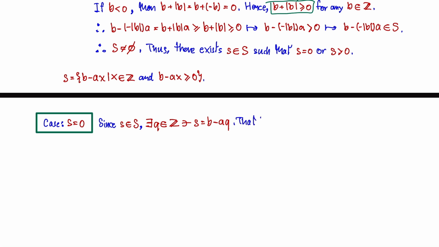That is, b equals aq plus s, where s is 0. Because s is in this set S, now we have the existence of q. That's what we want to show. This is the existence of q. So we have q, so that b equals aq plus s.